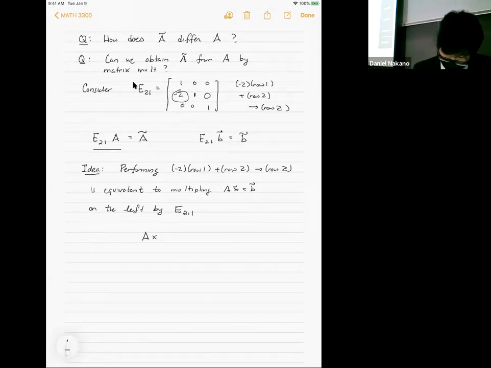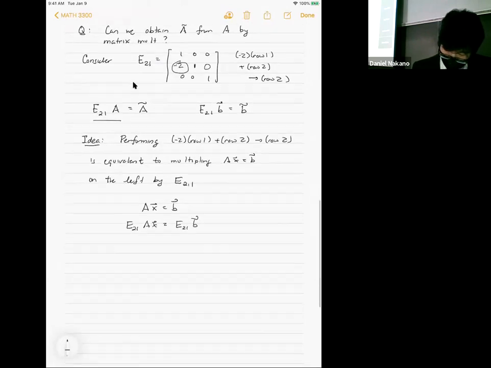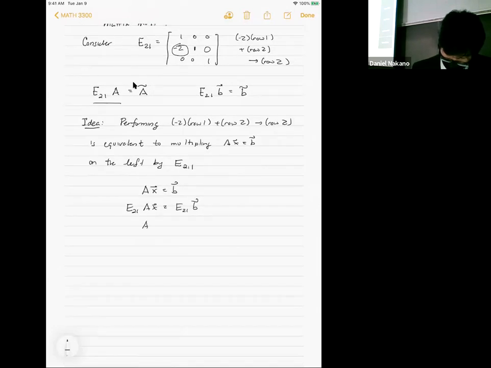So if I take AX equals B, then all I do is take E21 AX equals E21 B, and then this is just going to be A tilde X equals B tilde. That's exactly right. It's actually in my notes.